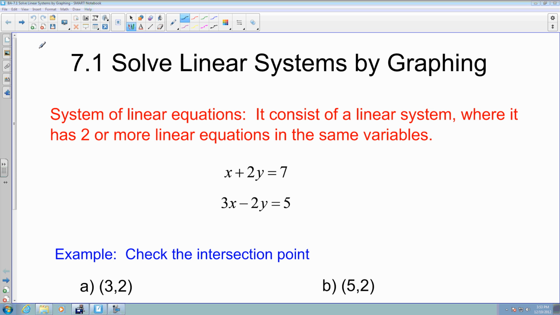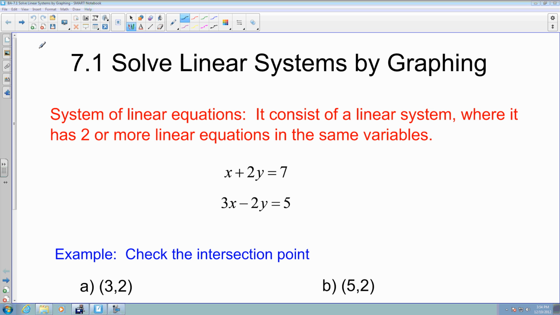What we're trying to do when we're solving these is find an intersection point of the lines. So x plus 2y equals 7 is a line, and it can be represented in slope-intercept form, y equals mx plus b, which means you just solve for y.